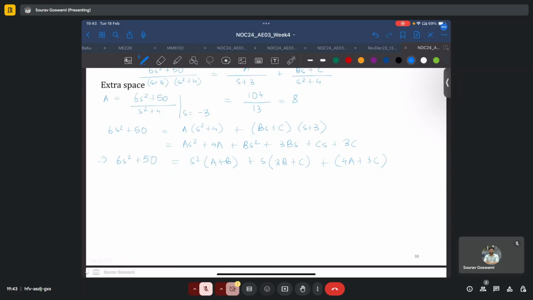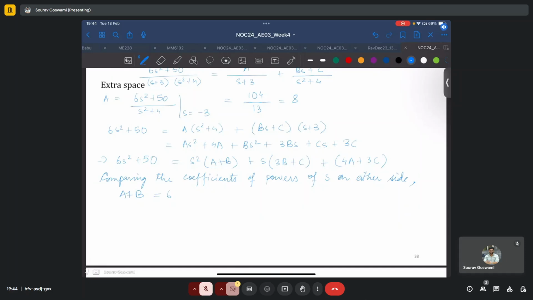Now we must compare the coefficients of powers of s. A plus B equals 6 because the coefficient of s square on the LHS is 6.